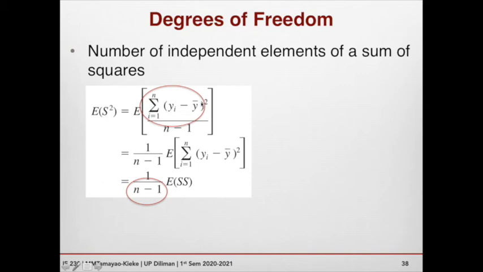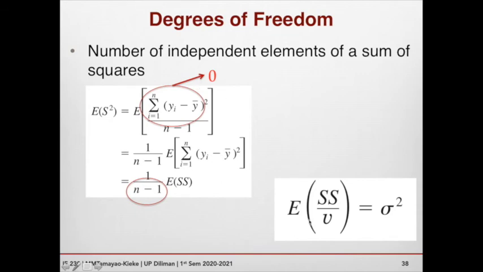Now, if we look at this, there are actually just n minus 1 independent elements, because we know that the summation of y i minus y bar is actually equal to 0. So the expected value of SS over V is actually equal to sigma squared. V here is the degrees of freedom.